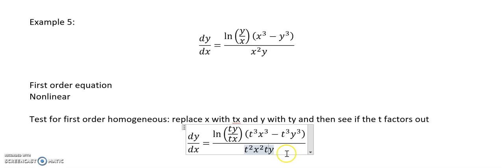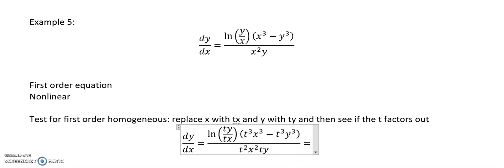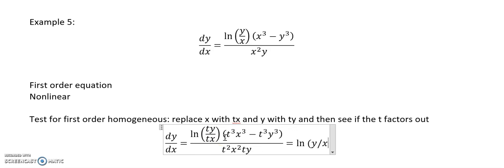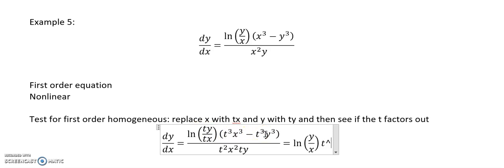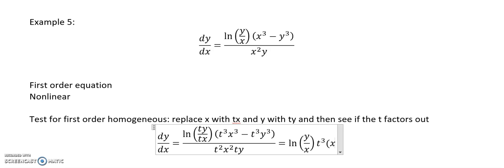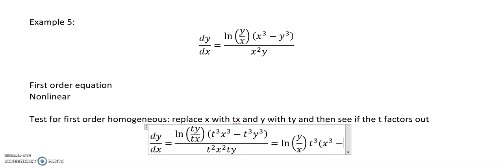So look what happens. I'm going to be able to cancel these two t's, so I'm going to get ln y over x again. And then these t cubes are going to factor out, and I'm going to be left with my x cubed minus y cubed.